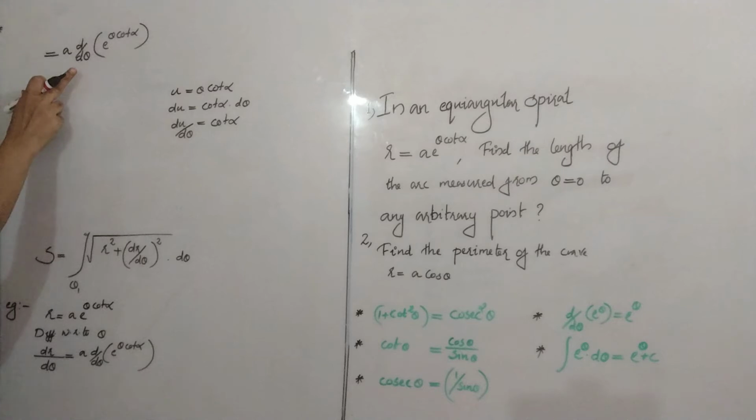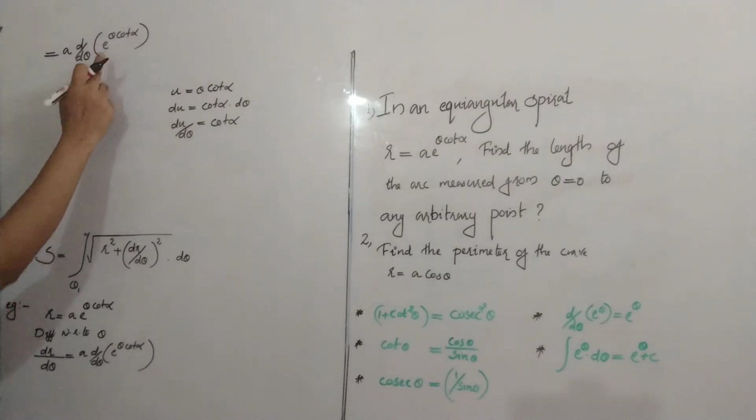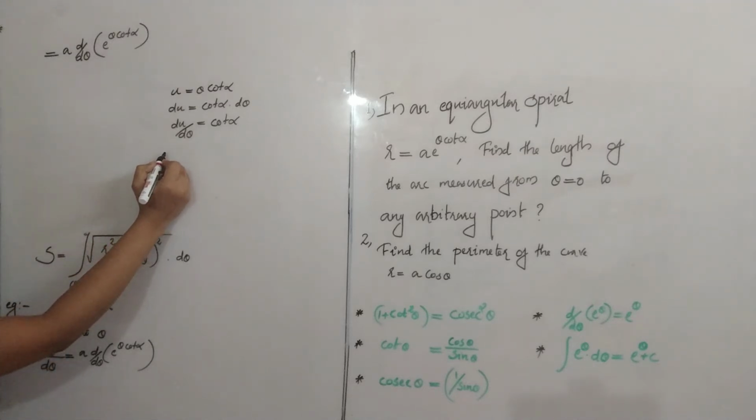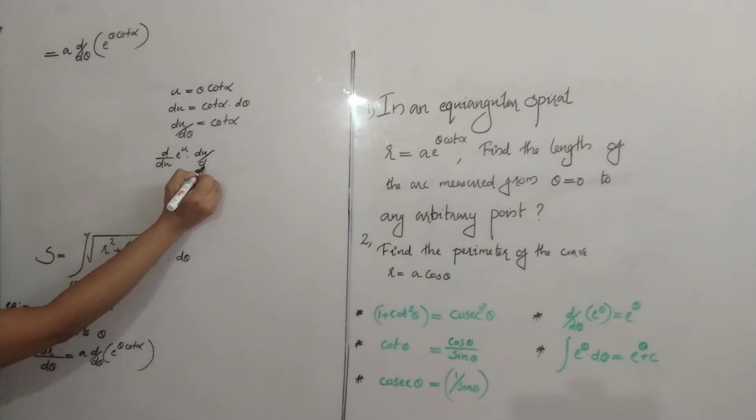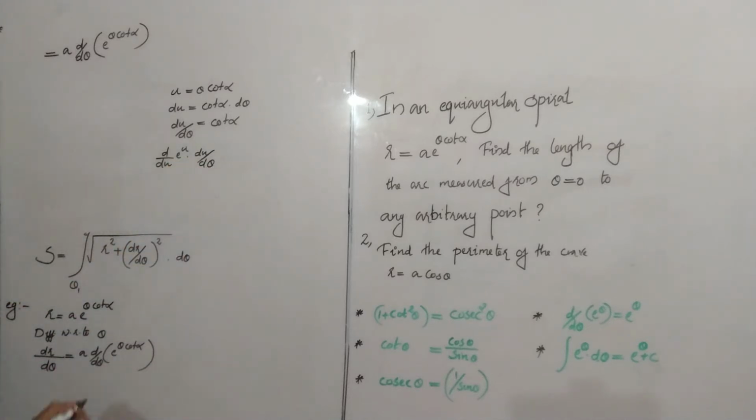And we can write d by d theta of e raised to theta cot alpha as d by du of e raised to u into du by d theta.